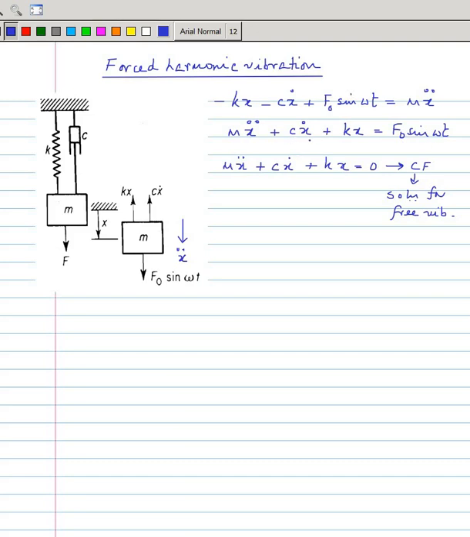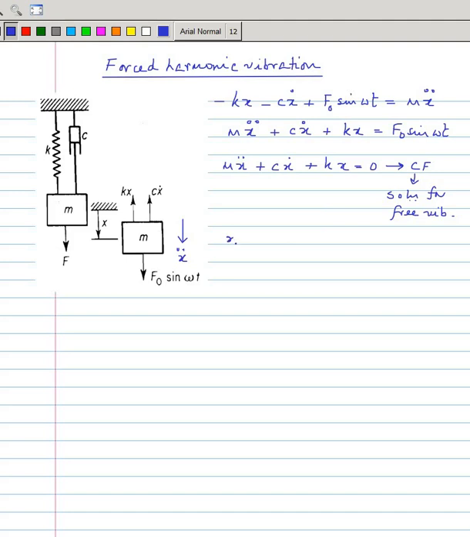But in presence of damping, the phase of the right hand side and the left hand side will not be same. If you take just sine omega t as a solution, then from this term sine omega t will come, from this term sine omega t will come, but cos omega t will come from this side. So simply a sine omega t term you cannot take as solution, you have to take a cos omega t term also, and that means you have to take a solution with a different phase.